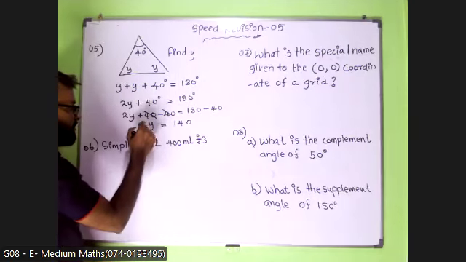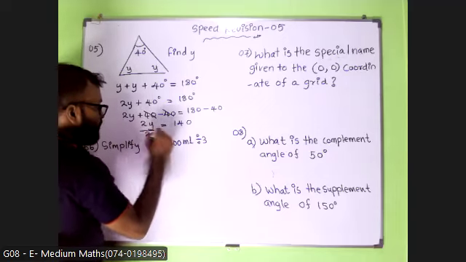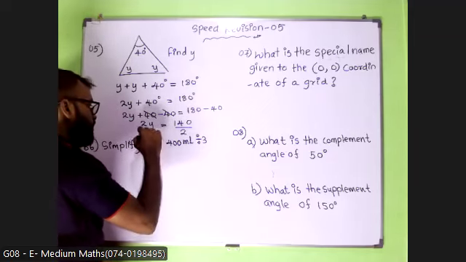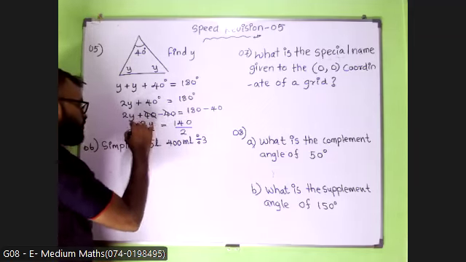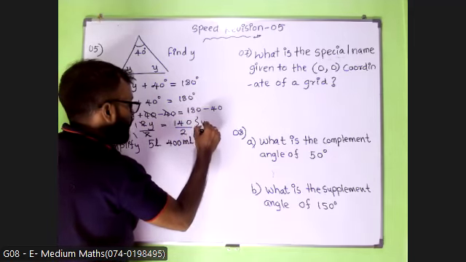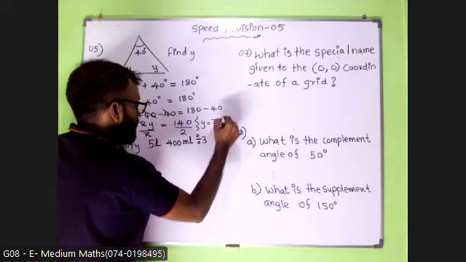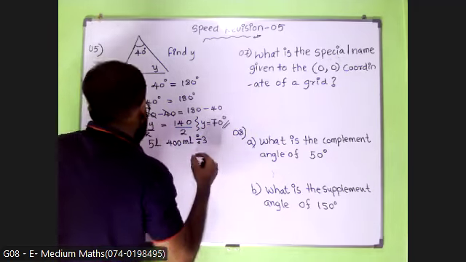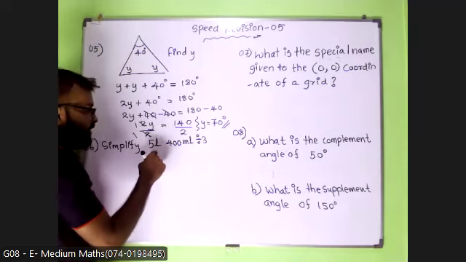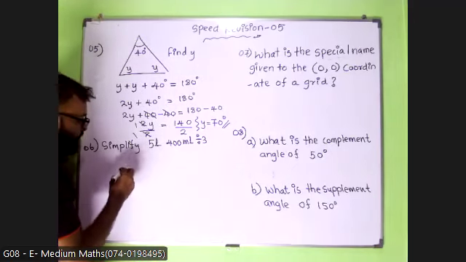This is 2 multiplied by y, so you have to divide both sides by 2 to find the value of y. 140 divided by 2. So y equals 70 degrees. The answer should include the unit, 70 degrees.